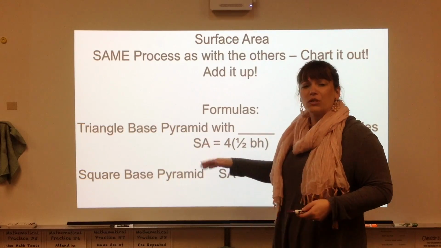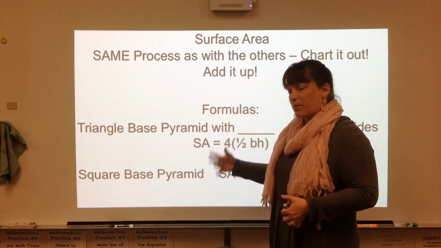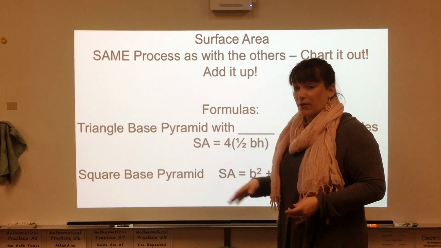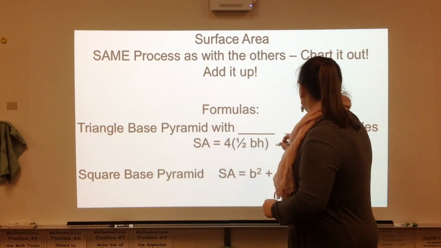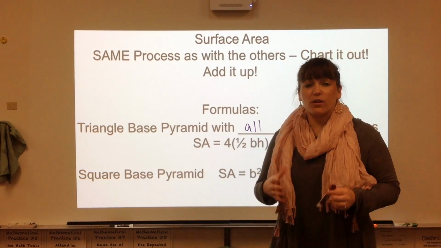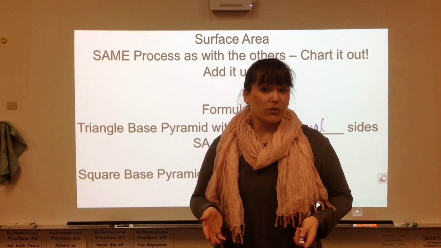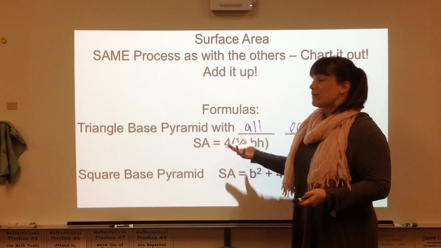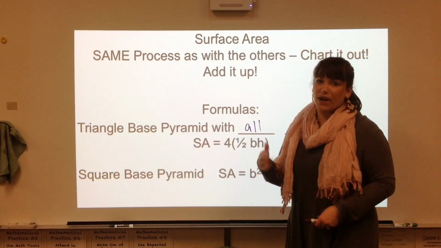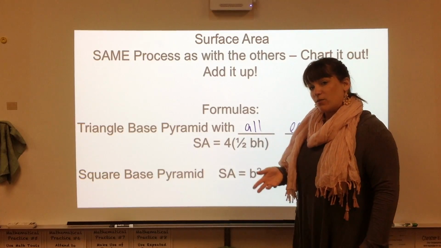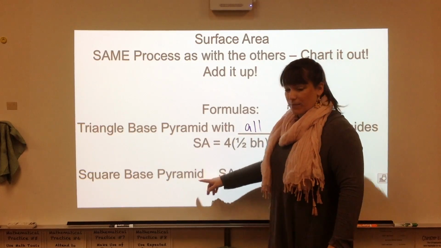There are two specific formulas that we will practice as we go along, and it has to do with when a triangle-based pyramid has all equal sides. If that's the case, you're going to have 4 identical triangles. So you only have to find the area of one triangle and then multiply it by 4, instead of finding them all separately and then adding up 4 numbers. The same kind of thing we can apply for a square-based pyramid.